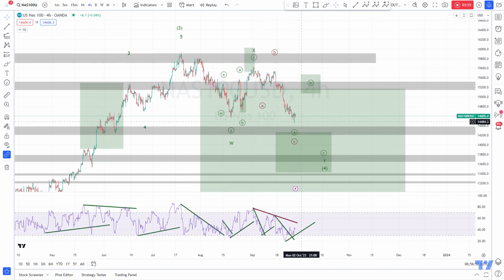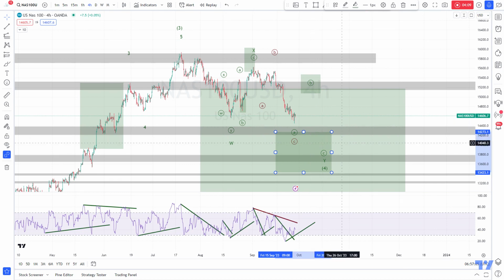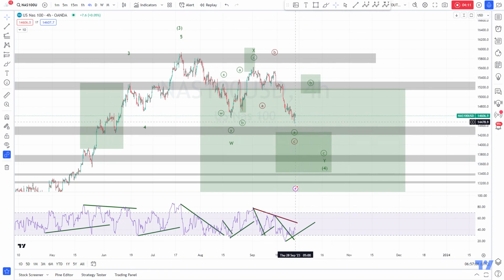They all show this double corrective move. However, not every instrument reached the equal leg area. We are quite close, but not there yet. So we are somewhere in between now.